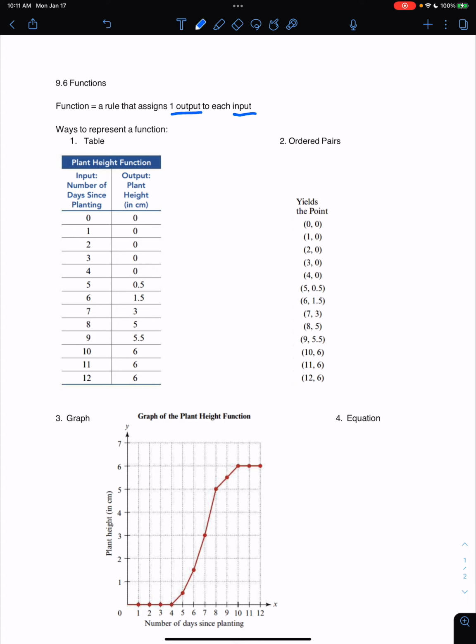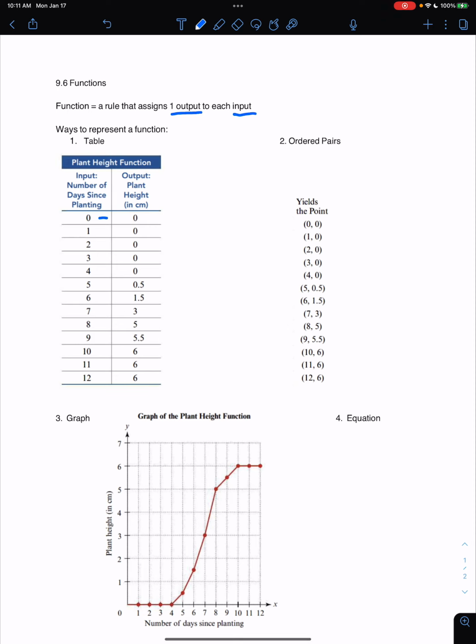Now, some of you may be saying, this isn't a function. There are lots of zeros here in the Y column. But pay attention, please, to this differentiation. Remember, in our definition, we said that every input can have only one output.